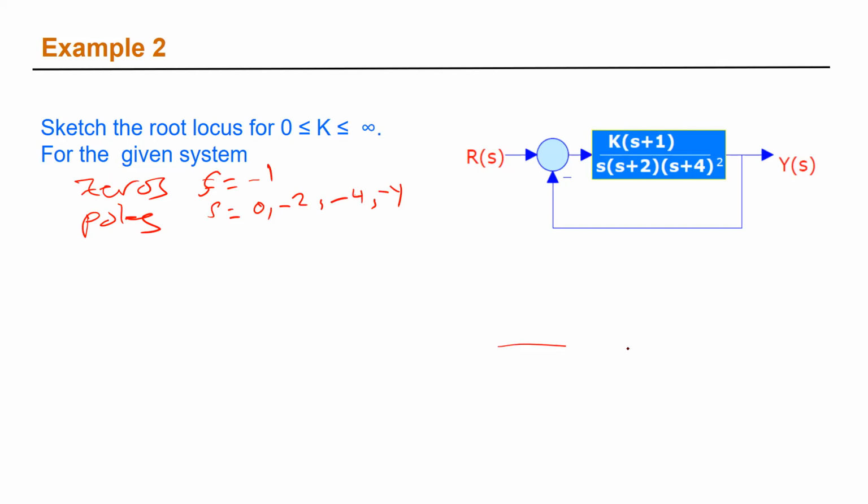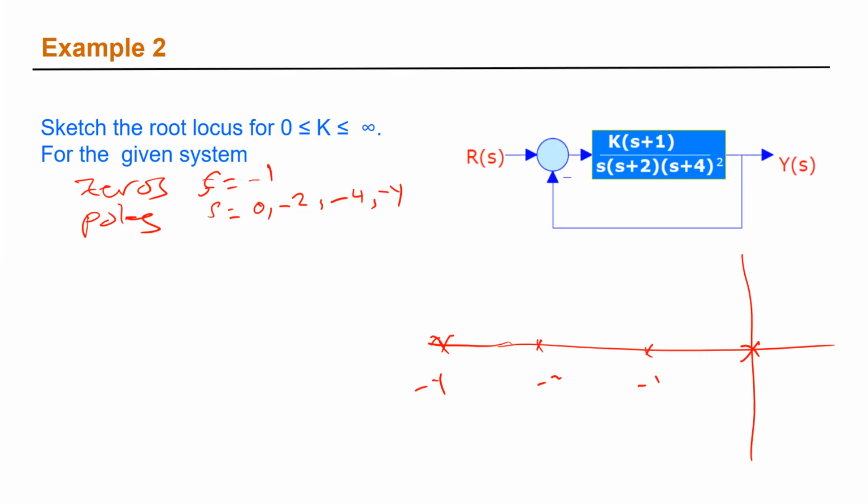Let me locate them on the S-plane. So I have one zero at -1, poles at 0, -2, and -4.